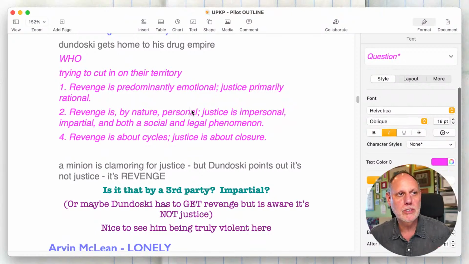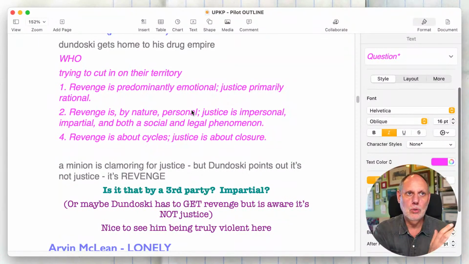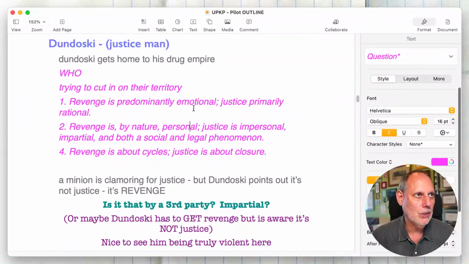I've already removed some of his concepts because I don't believe that they are accurate to our emotional, dramatic moment. This is not about an essay. This is about Dundosky having a very specific take on what's the difference between his job and his after-hours justice. Okay.